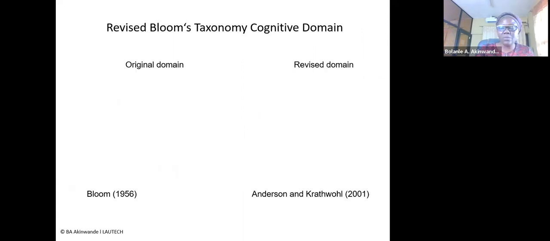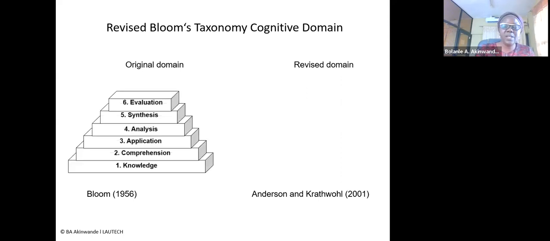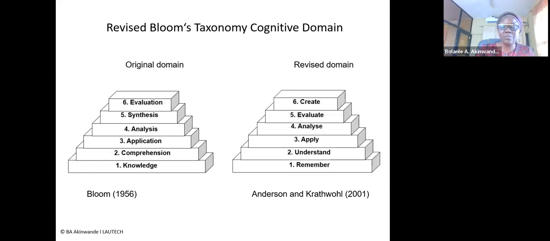In 2001, Anderson and Krathwohl revised the original cognitive domain of 1956 in order to make it better suited for modern relevance. Still the same six levels of cognitive skills, but two things happened.